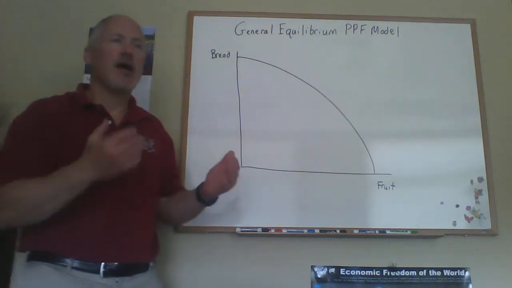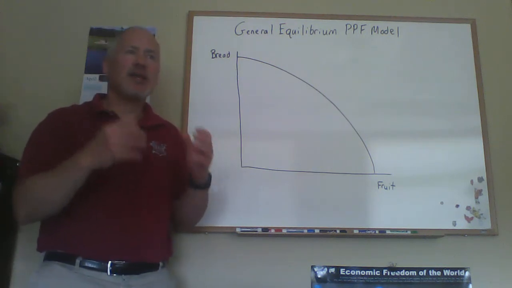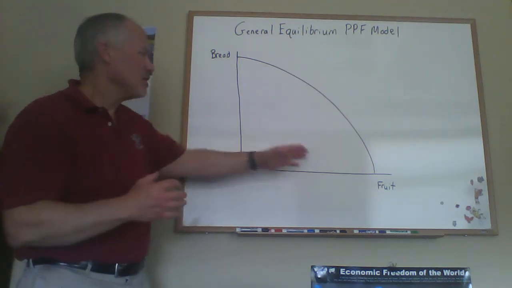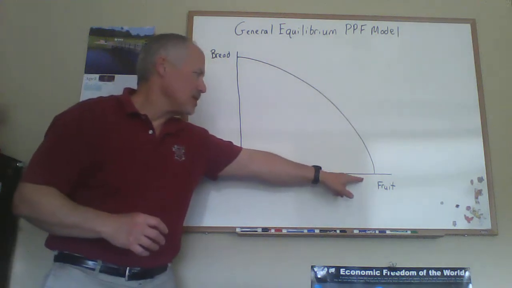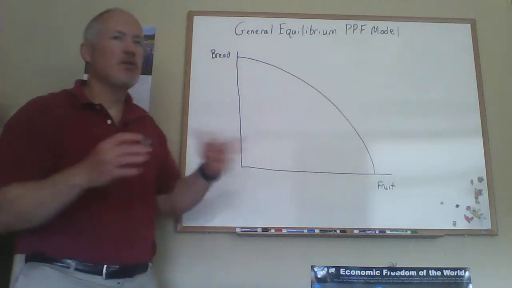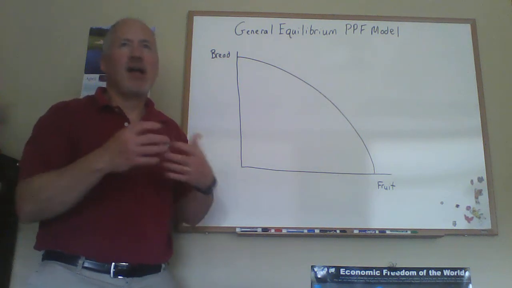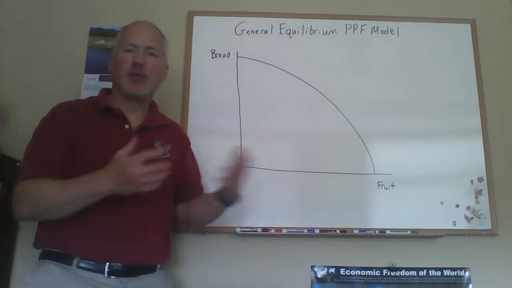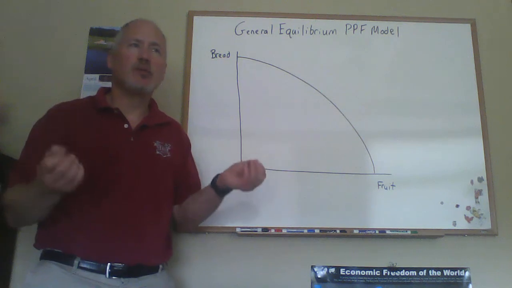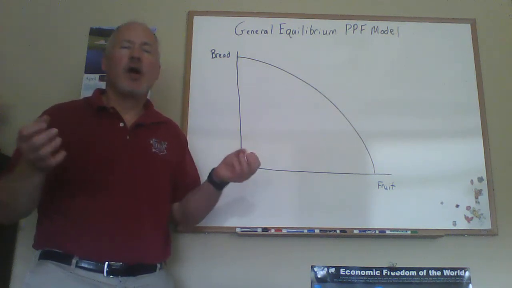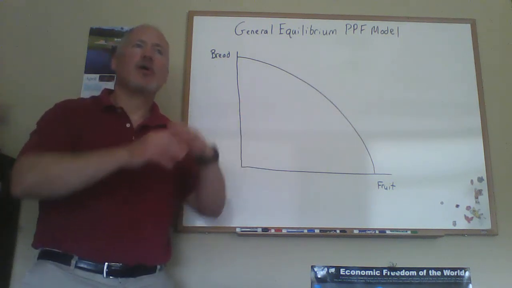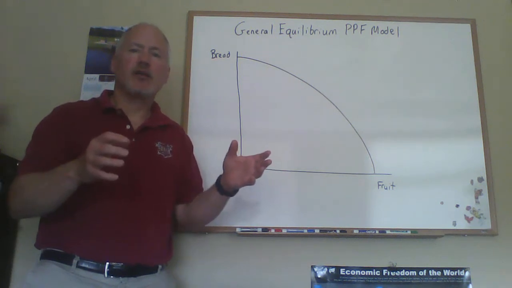So we can build in the interplays between the markets for fruit and bread, or if you want to think about it, hamburger and steak. When you think of these connections between markets, general equilibrium is a way to model this where all of those connections are included.